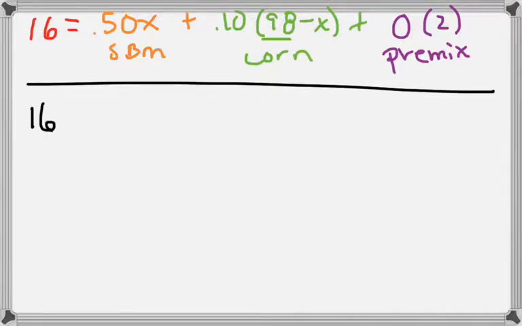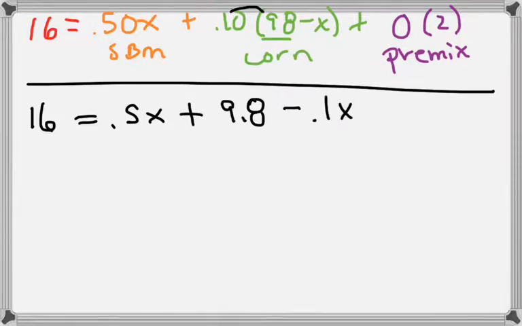We take our 16, which is going to equal 0.5x, plus 9.8 minus 0.1x. Reminder, we have to work this 10% clear through the parentheses, plus 0. Again, the same concept. So it's always that amount times the nutrient concentration.